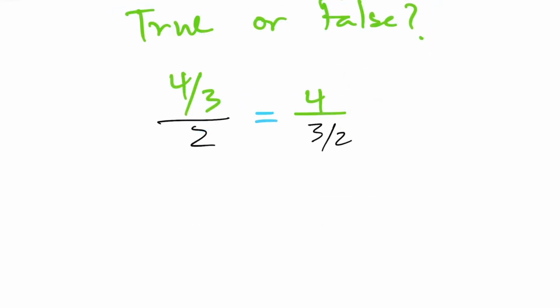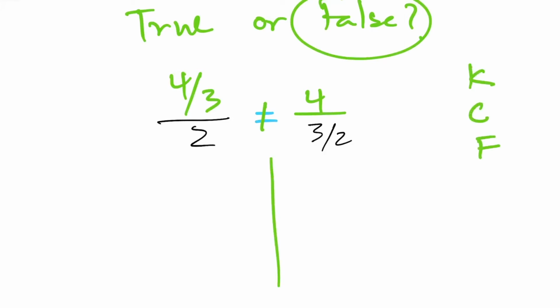4 over 3 divided by 2 equals 4 divided by 3 over 2. I'll give you 10 seconds to think about the problem. So it's false, okay? They are not the same thing. So let me show you the work. Keep, change, flip.